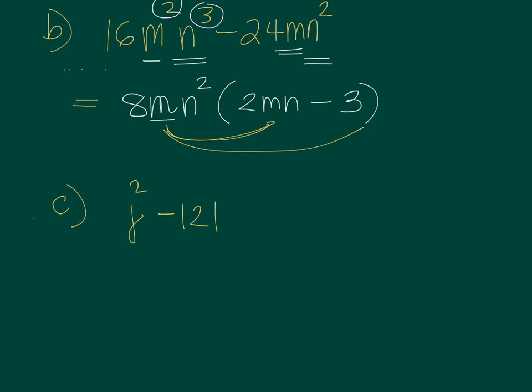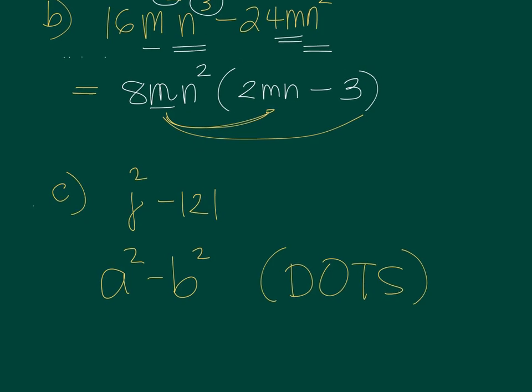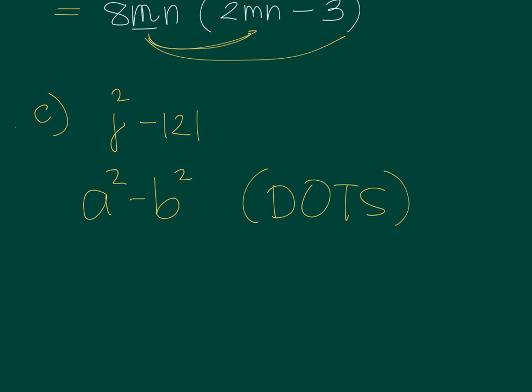Now, if you recall the different examples that we had in class, we actually have a special case of the form a squared minus b squared, which is what we call the difference of two squares. The difference of two squares, when factored, is a minus b times a plus b.